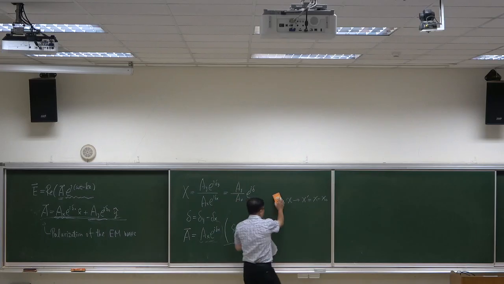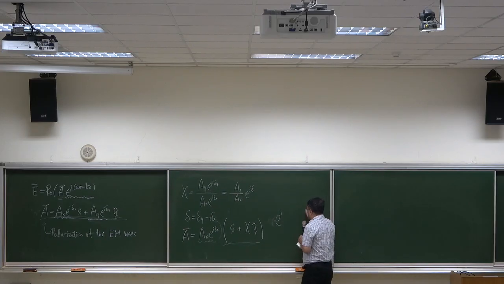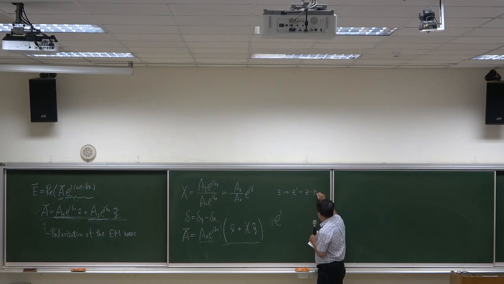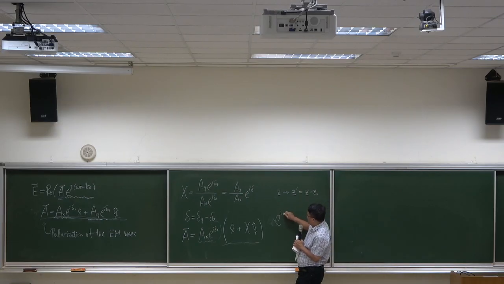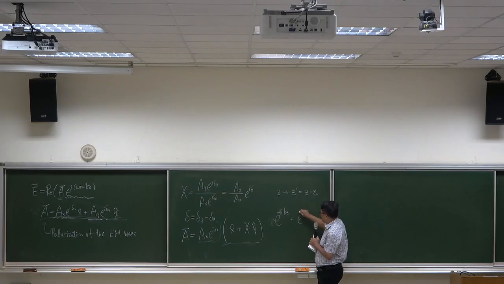Then, if I change the origin of the coordinate system from z to z0, we can define a new variable. Here we encounter exponential minus i k z, which can be written as exponential minus i k (z prime plus z naught).